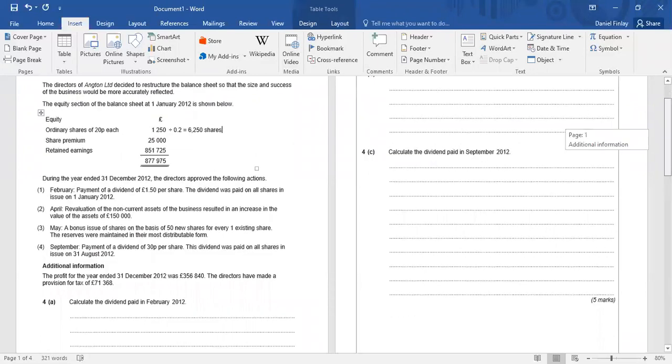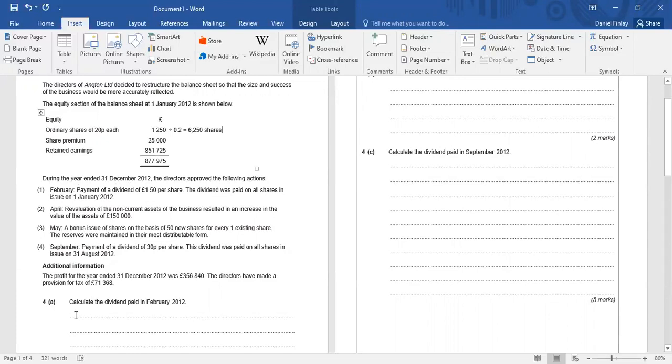Then we'll read through all the points one at a time. So I think each part is actually going to link to one of the numbers. So 4A is asking to calculate the dividend paid in February 2012. So if we look at number 1, it says February, payment of dividend of £1.50 per share. The dividend was paid on all shares in issue on 1st January 2012.